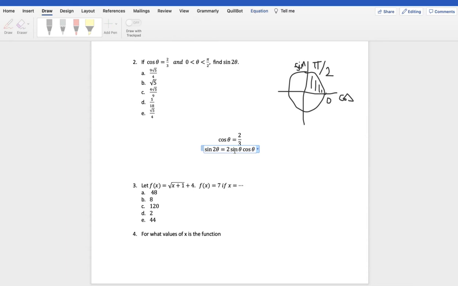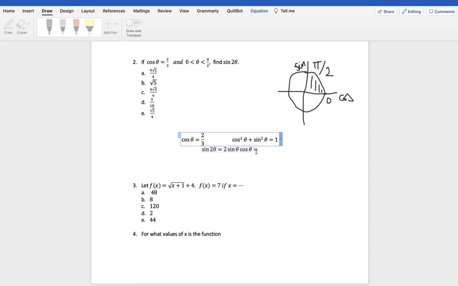But you also remember that cos squared of theta plus sine squared of theta is equal to 1.